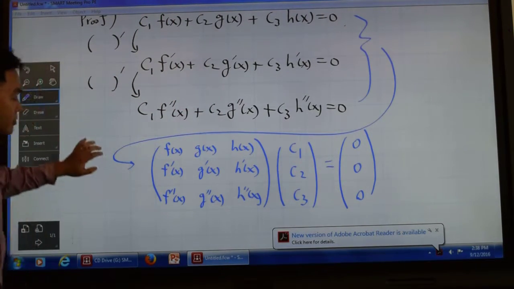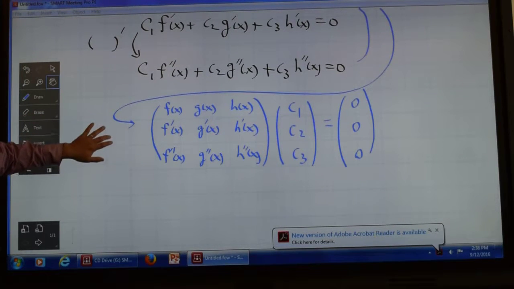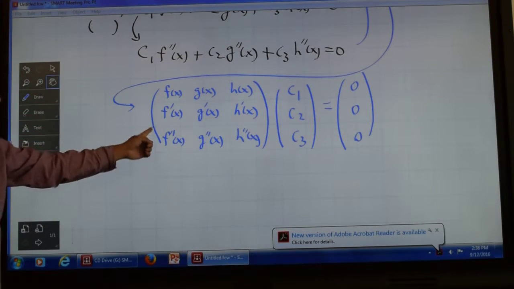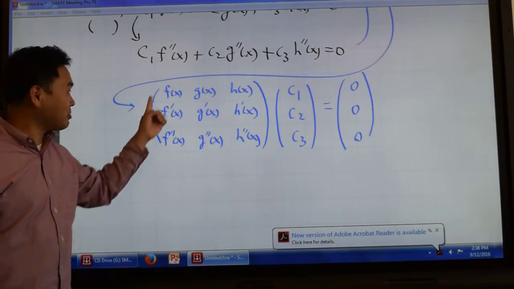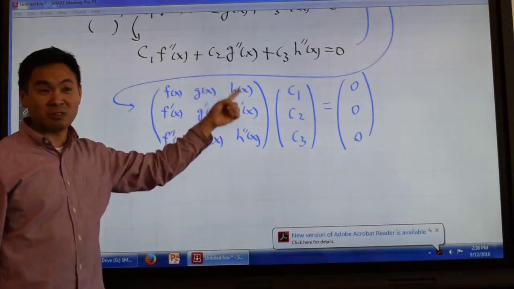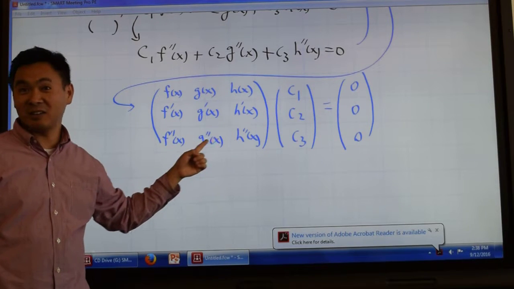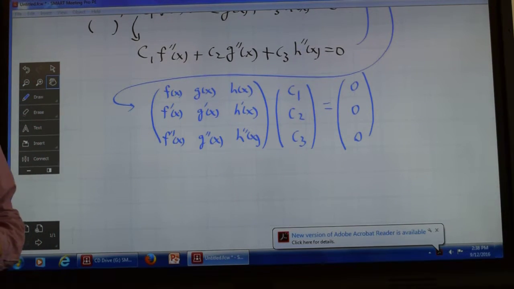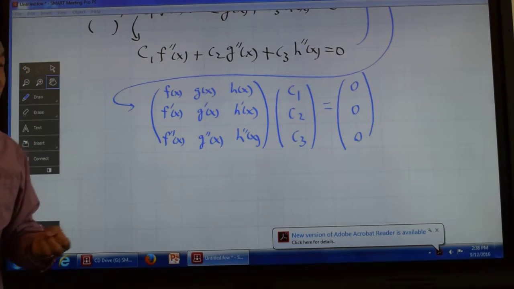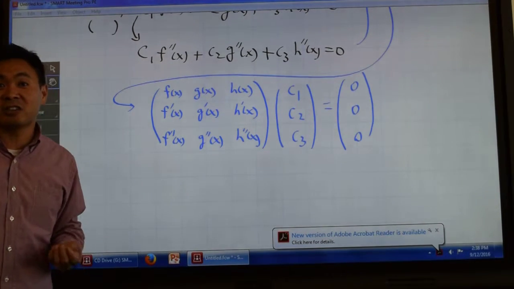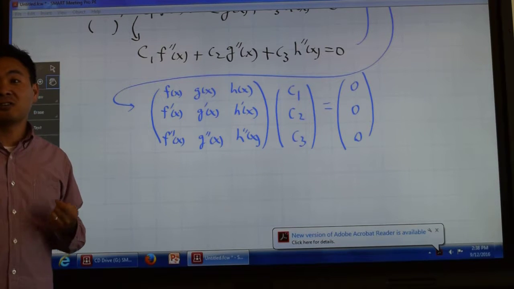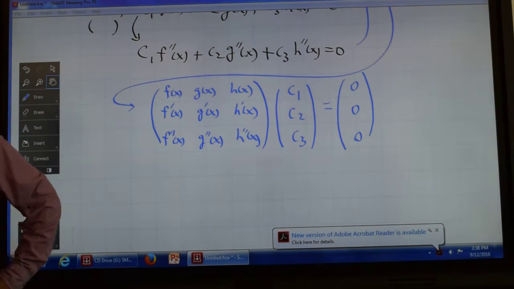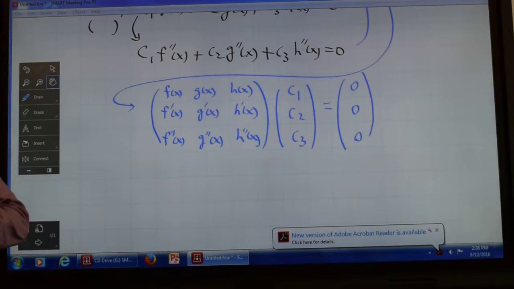Okay? Now, doesn't this look awfully similar to what we were trying to use? What is this like? The Wronskian. What's the difference? This is a matrix, but the Wronskian is the determinant. What does the determinant have to do with the matrix? Inverse.